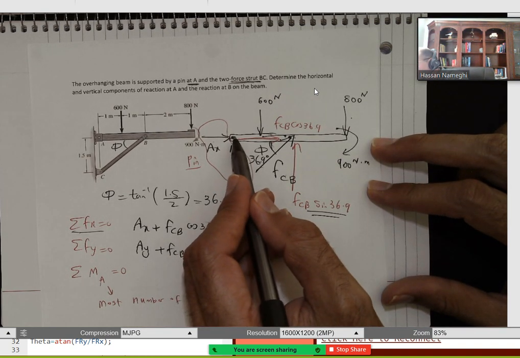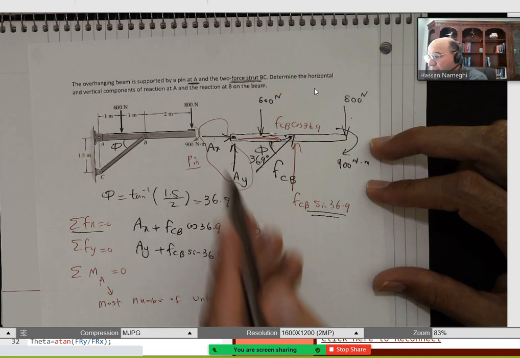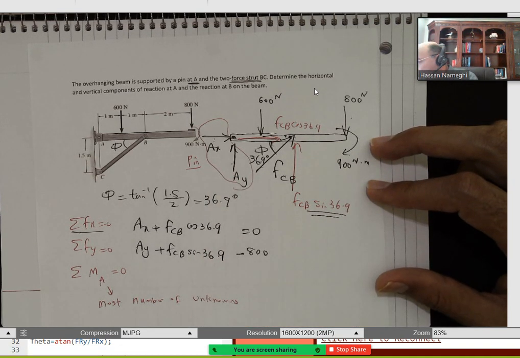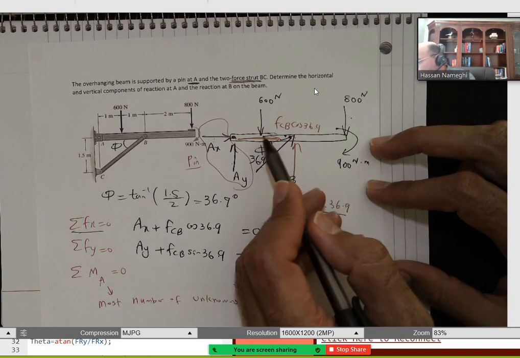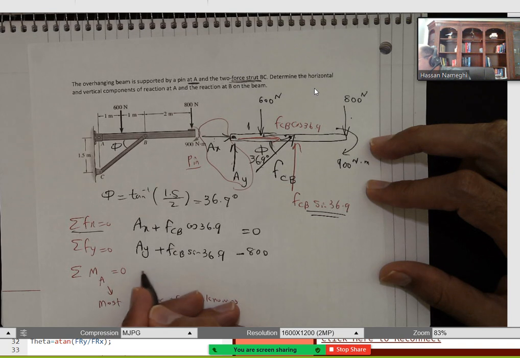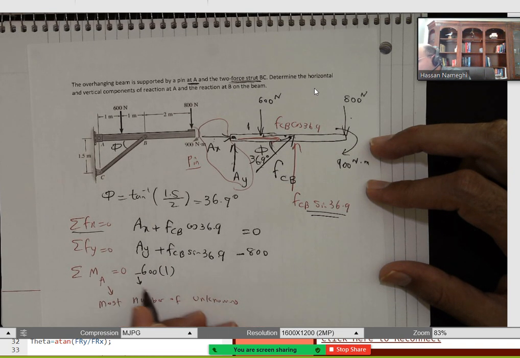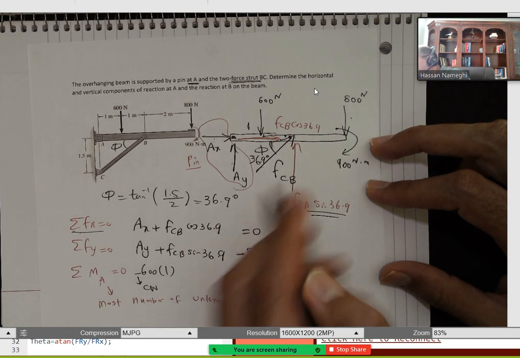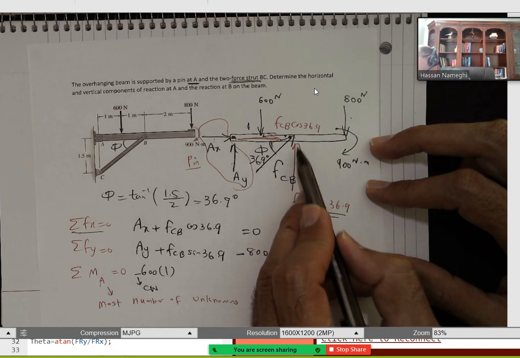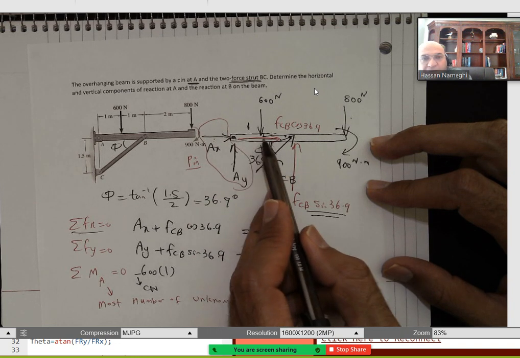So let's go back to the most difficult equation for the moment. Moment at point A: AX and AY produce no moment, they are dead because they are already at that point. I'm going to be left with the rest of them. The distance for the 600 is 1 to point A, so it will be 600 times 1, and that's clockwise, so I'm going to put a negative here. The next one, FCB cosine 36.9, goes through the point, so no moment from that.